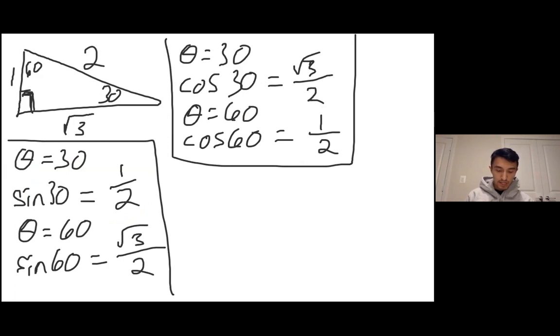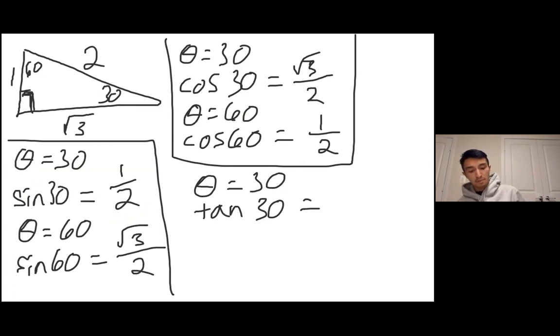So let's just finish our last one real quick. Our tangent, if theta is 30, that means tangent of 30. We're dealing with opposite over adjacent, right? So we know opposite of 30 was 1, adjacent was square root of 3, 1 over square root of 3, and we rationalize this real quick, and this is actually just square root of 3 over 3.